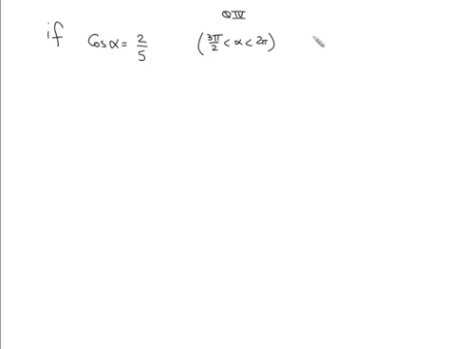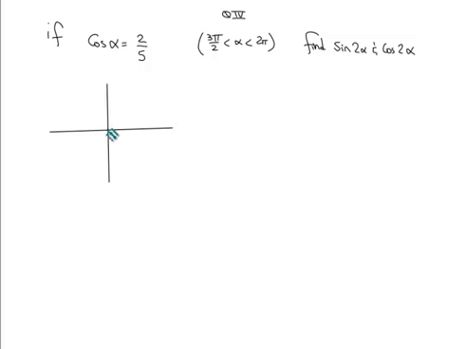We want to find sine of 2 alpha and cosine of 2 alpha. Well, the problem is we have no idea what's going on with 2 alpha. But we do have some information about what's going on with 1 alpha. So what we're going to do is we're going to draw our picture.